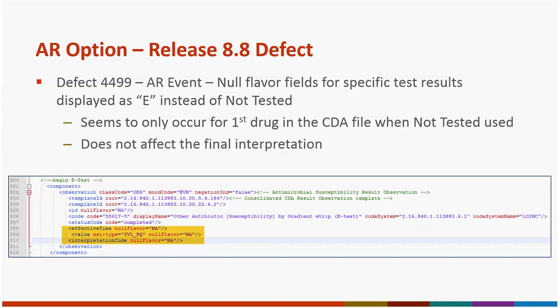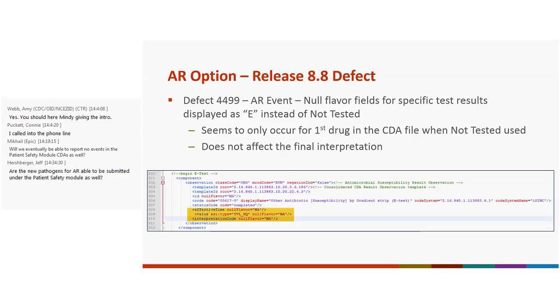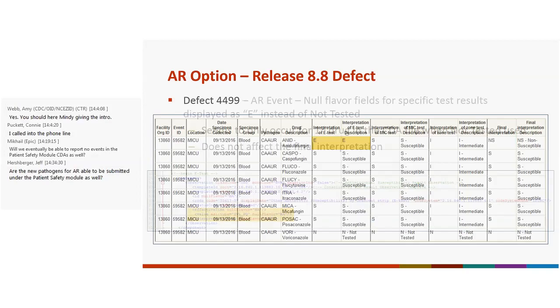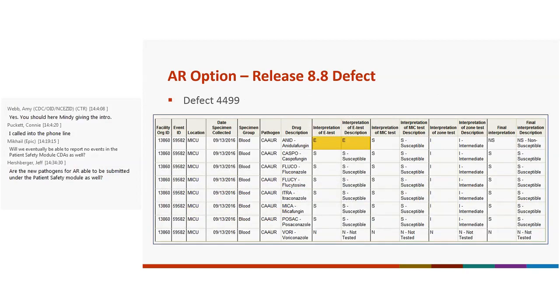It, again, seems to only affect the data when the very first drug in the CDA file is listed as NA or not tested, but thankfully it does not affect the final interpretation, only those specific test results. So on this next slide, I have a screenshot of what it would look like if you were to run the AR event line list.